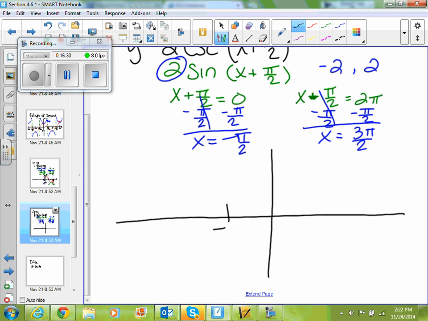So, negative pi over 2, 0, pi over 2, pi, 3 pi over 2. Okay, and I know that I go from positive 2 down to negative 2. Alright, and your sine graph always starts at 0 and then goes up.